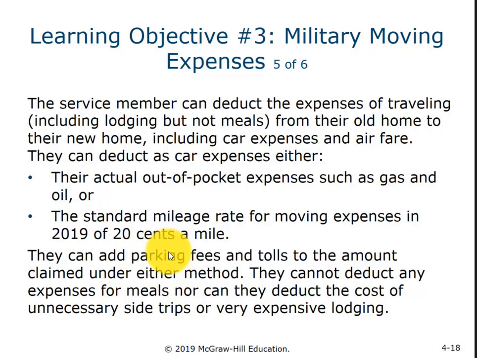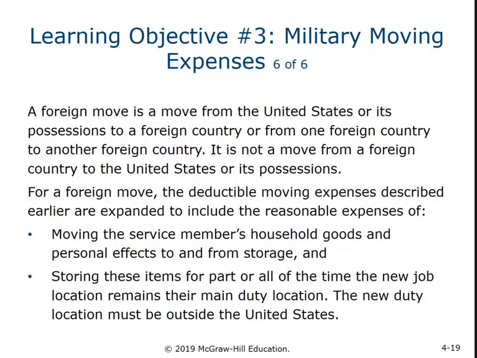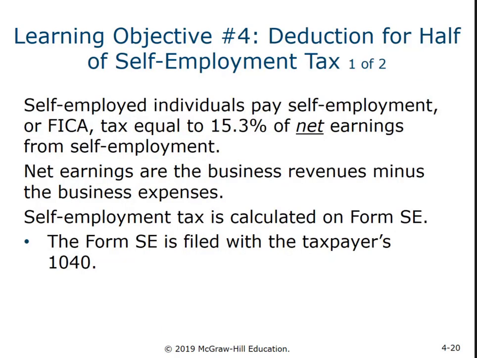However, either way, you get to take parking and tolls on top of it. So if you go on the Turnpike, the tolls are in addition to whichever one you use. Okay, you don't get to drive on it for lots of vacation. You have to take the mileage from the most direct route to your new home. Foreign moves have some different rules.